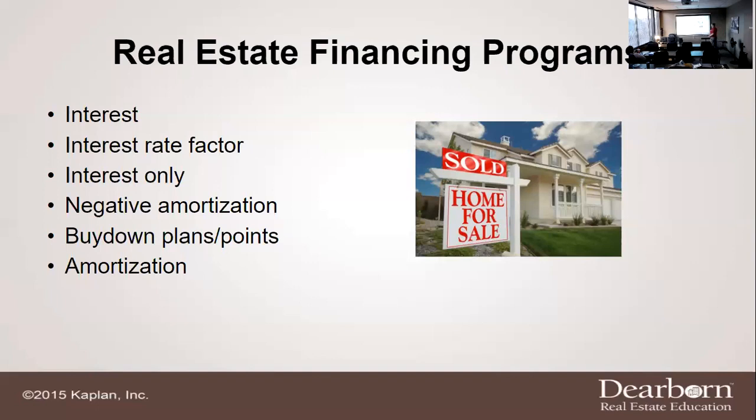Now, we do have what's called buy down plans and points. You'll notice this, and this is very big to your clients. Buy down points and plans are where you can end up buying down your interest. So Miss Elizabeth, if I was a lender and I quoted you 5%, I could tell you, if you were to pay me, say, $5,000 at closing, I'll drop your interest rate from 5 to 4%.